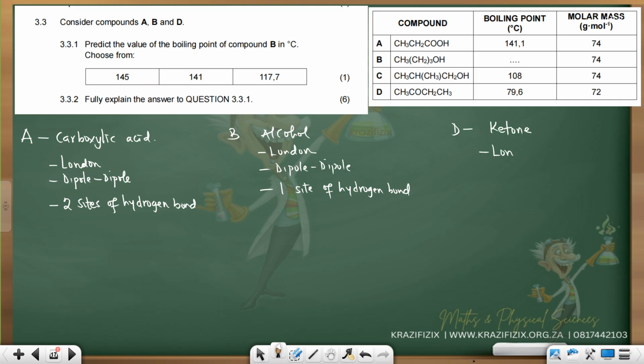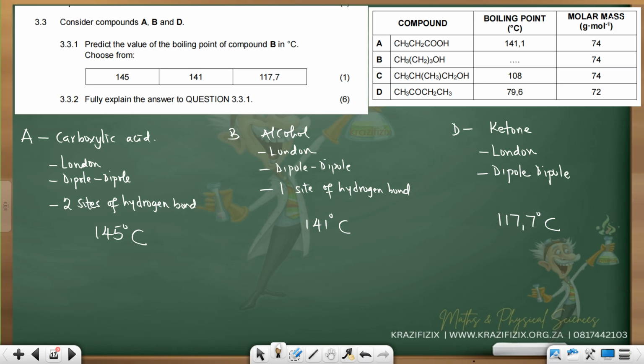What does it contain? London. Do you notice by doing this, we know which one is going to be the strongest already? By doing that, which one would have the highest boiling point? Carboxylic acid, which would be 145 degrees. Alcohol, 141. And therefore ketone. I think by doing that you have 3 marks.